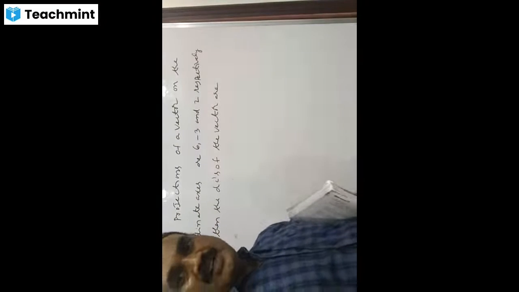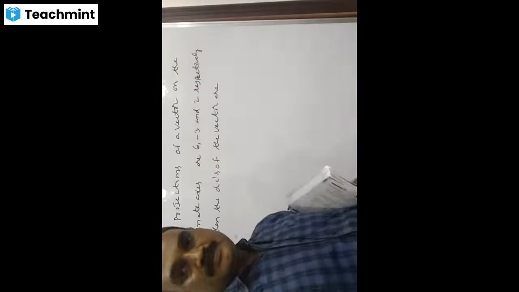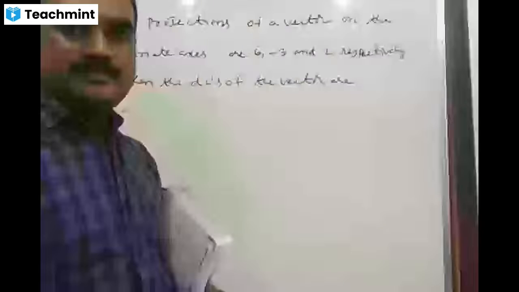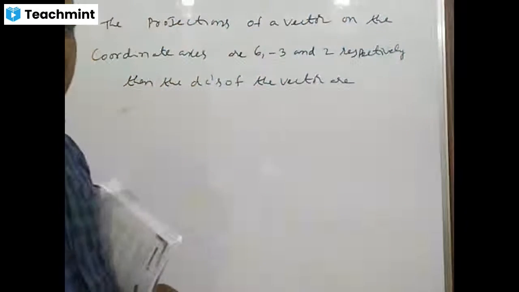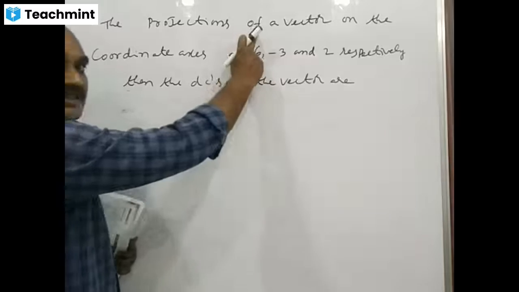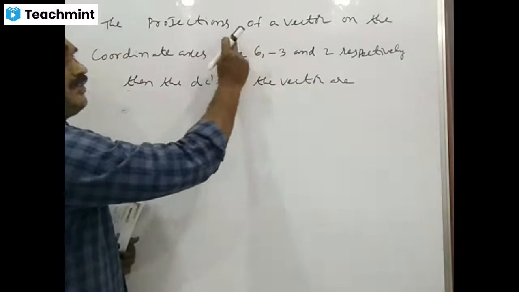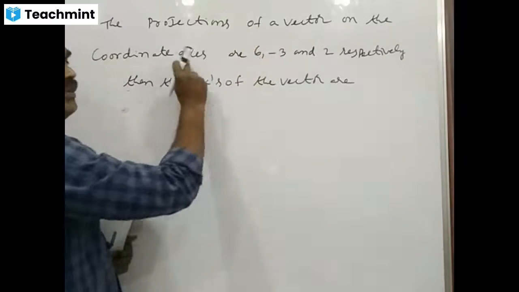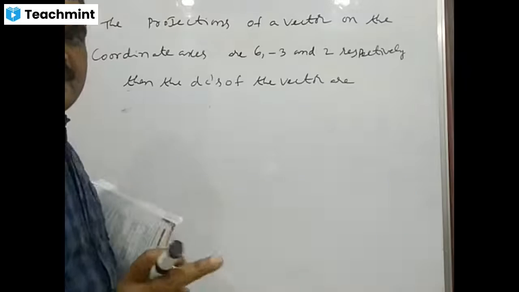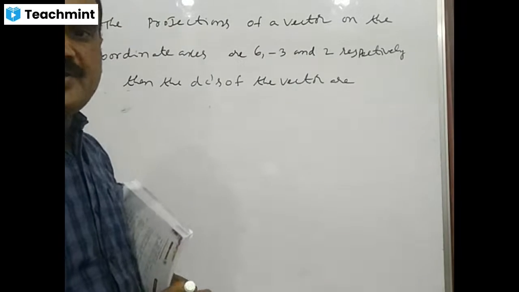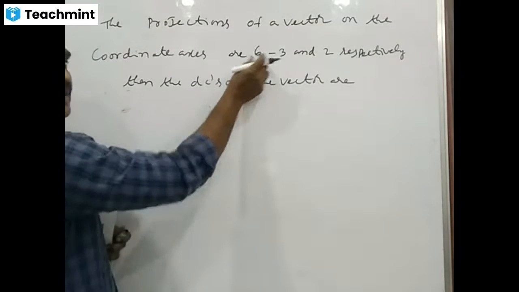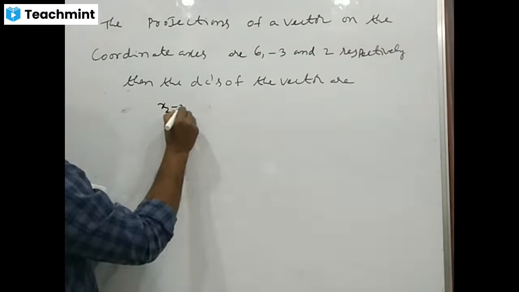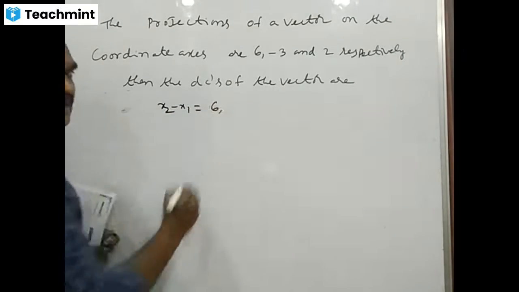Friends, in the last class, here the projections of a vector on the coordinate axes are given. The projection of AB on the x-axis has the formula x2 minus x1, and x2 minus x1 is equal to 6.